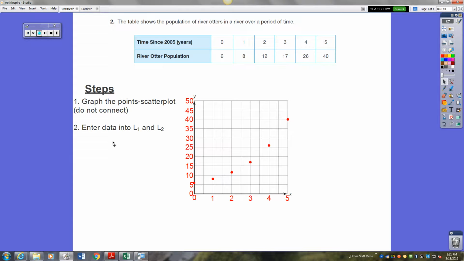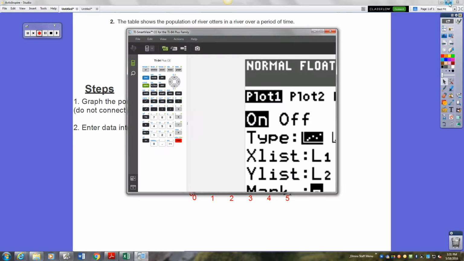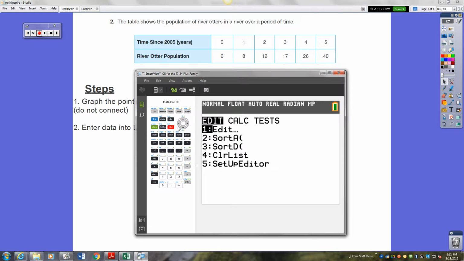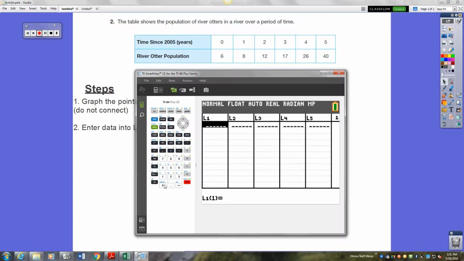The next thing I'm going to do is enter my data into L1 and L2. Stat, edit, 0, 1, 2, 3, 4, and 5.